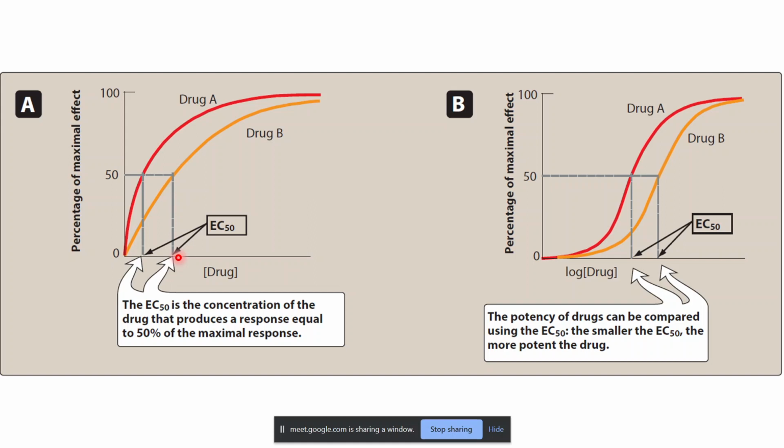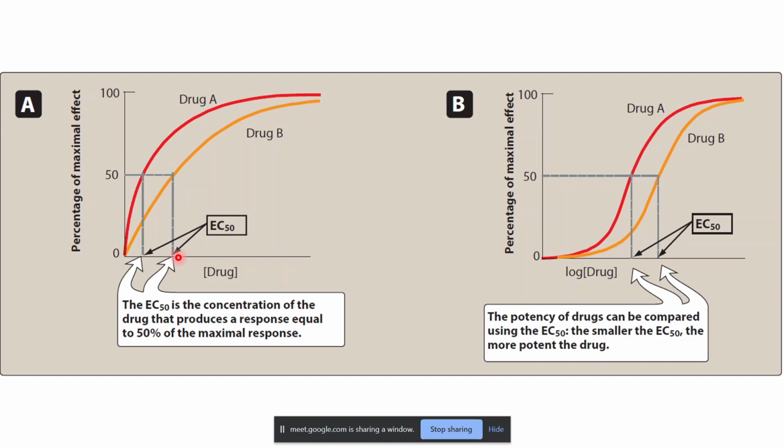Since the range of drug concentrations usually spans several orders of magnitude, semi-logarithmic plots are used so that the complete range of doses can be graphed.